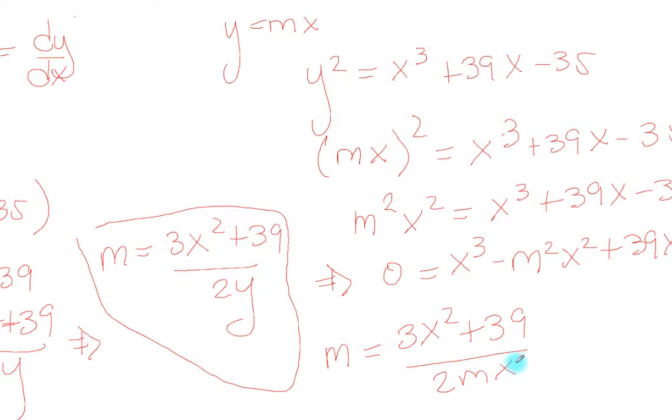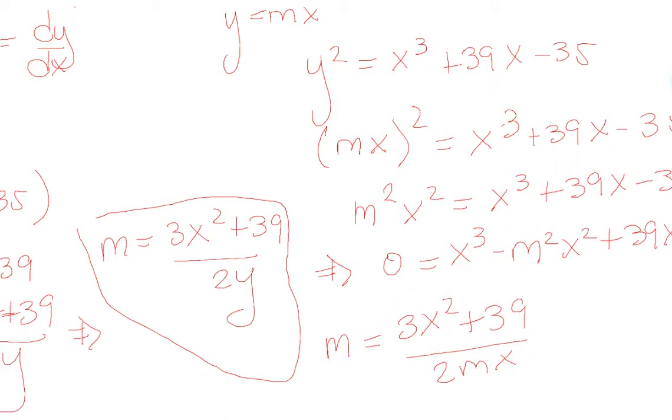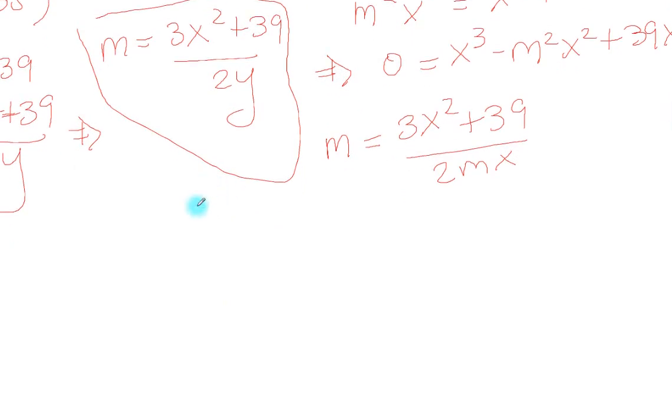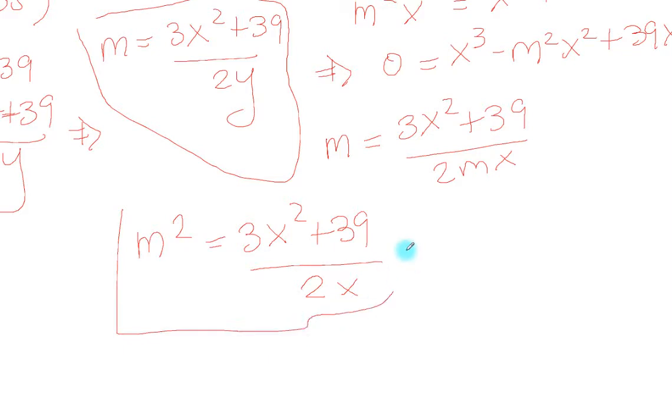If we multiply both sides by m, we get that m squared equals (3x squared plus 39) divided by 2x.